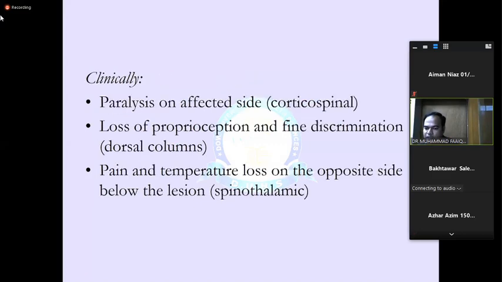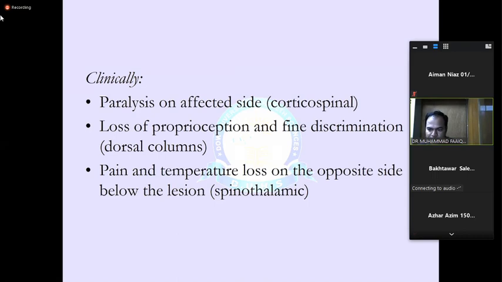Number one, ipsilateral motor deficit below the level of injury. Number two, ipsilateral loss of proprioception.